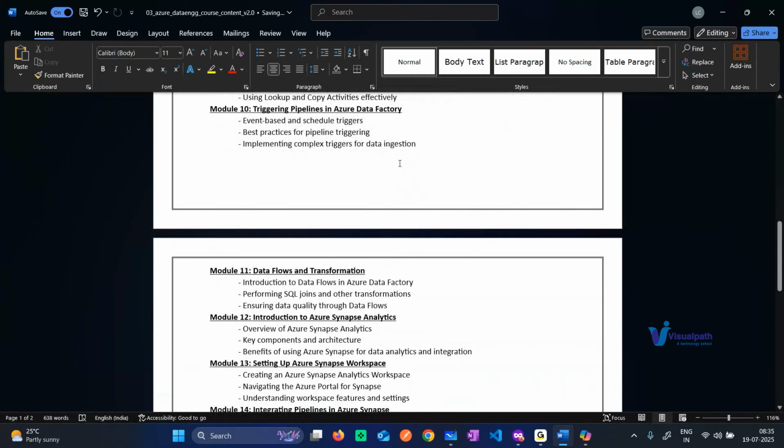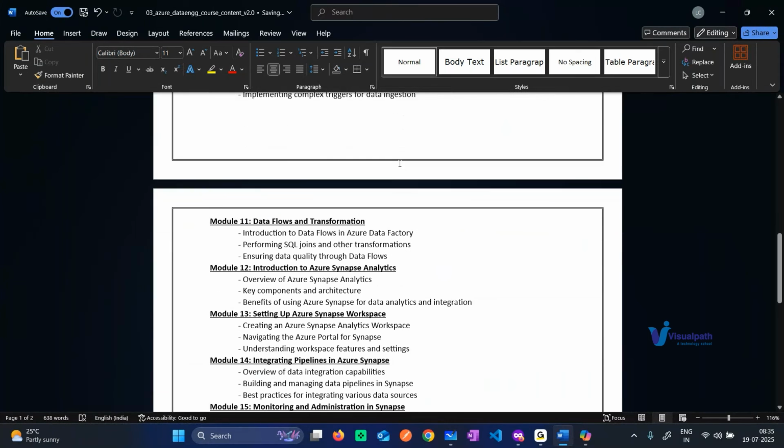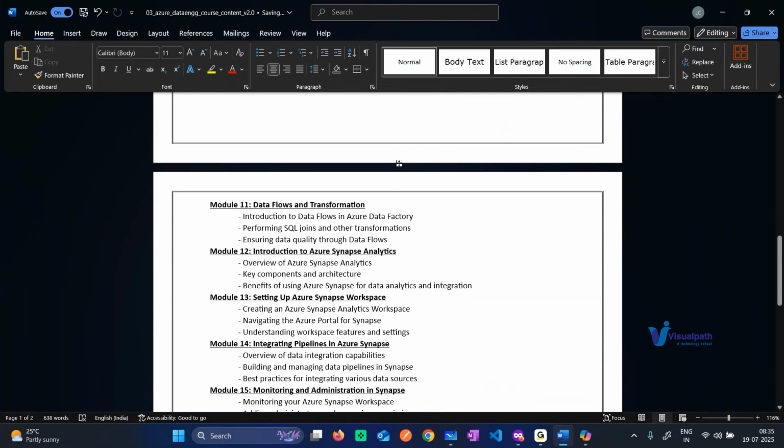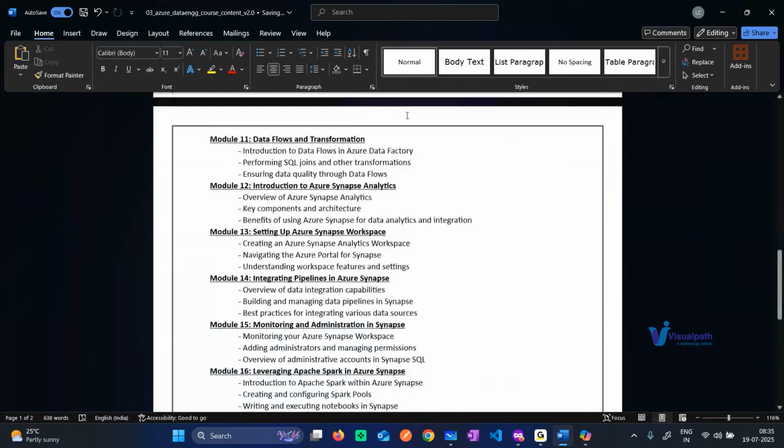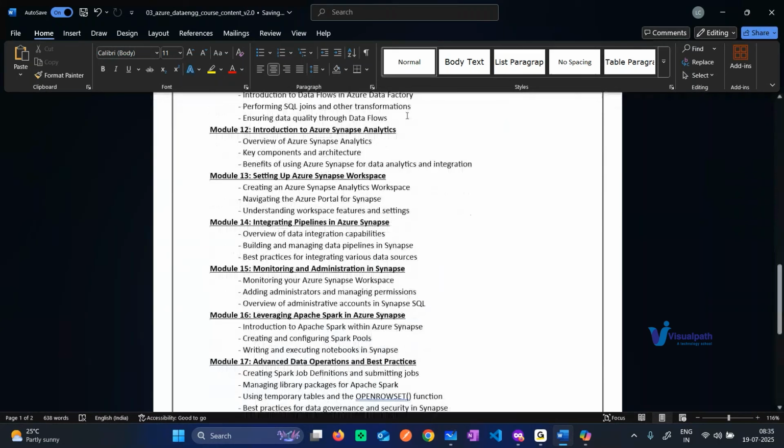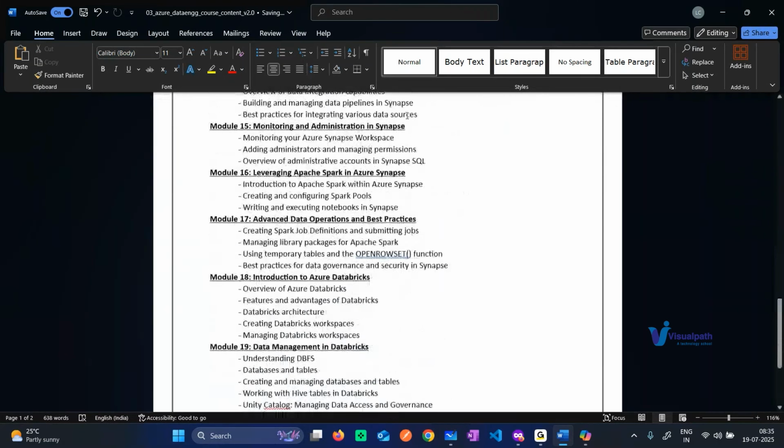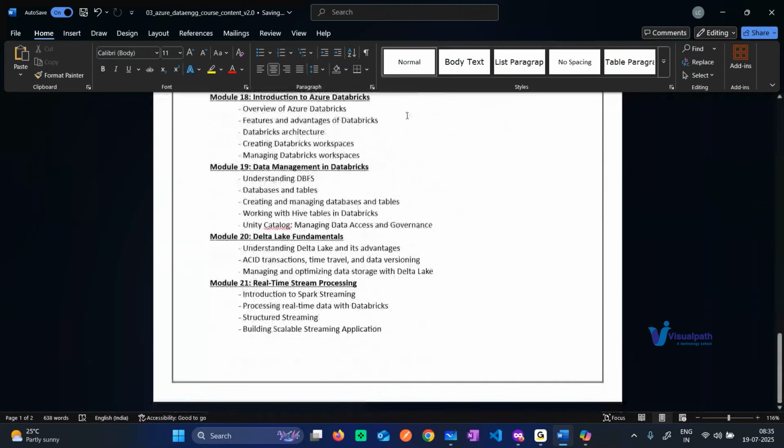Yes, transformation is a very vital subject in data flow, that is through mapping data flows. Post that, your journey with Spark and SQL will start. We can use Databricks or Synapse. So we'll see Synapse, then Databricks, complete Databricks till Delta and real-time streaming.